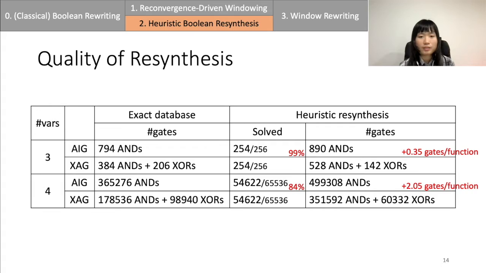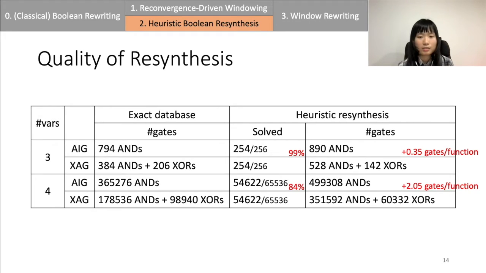To evaluate the quality of our heuristic resynthesis, we compare the synthesis results of all 3-input and 4-input functions against the optimum solutions generated by the exact method. The results show that the heuristic is capable of synthesizing most functions, and the average size overhead is 0.35 more gates per 3-input function and 2 more gates per 4-input function.